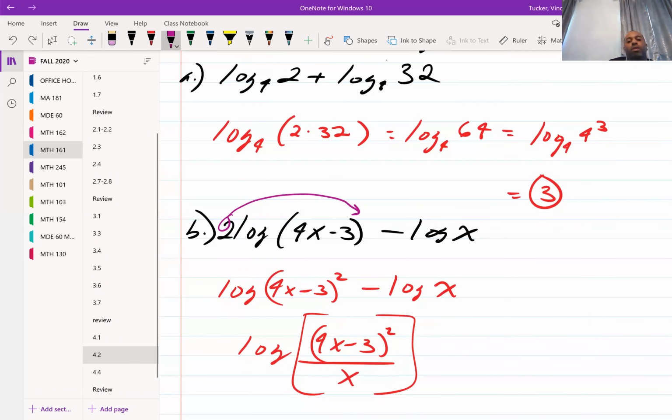So we have log of 4x minus 3 squared over x. All right, any questions?